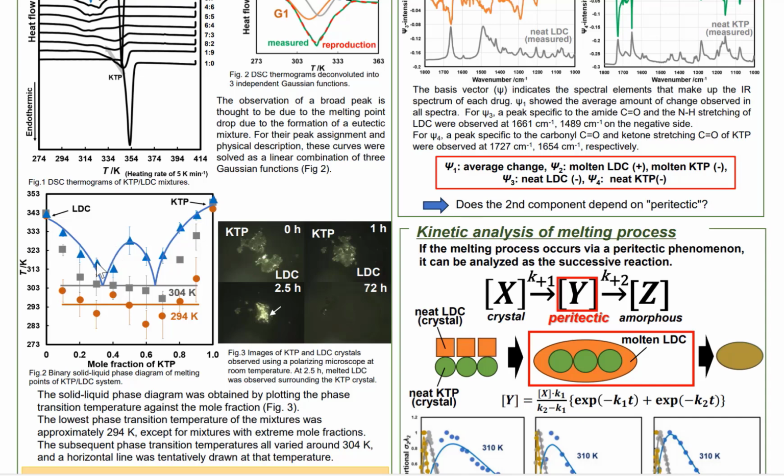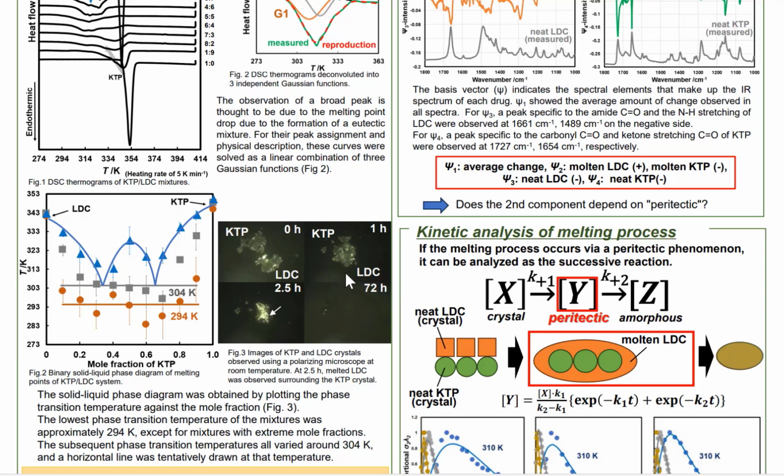In the solid-liquid phase diagram of the KTP and ADC mixture, minimum points were observed at molar ratios of 1:2 and 2:1. In addition, a constant melting point was observed at 294 Kelvin, which is lower than 304 Kelvin.